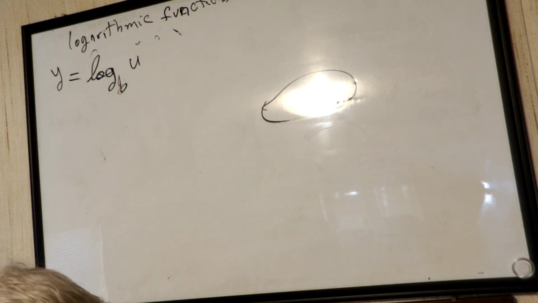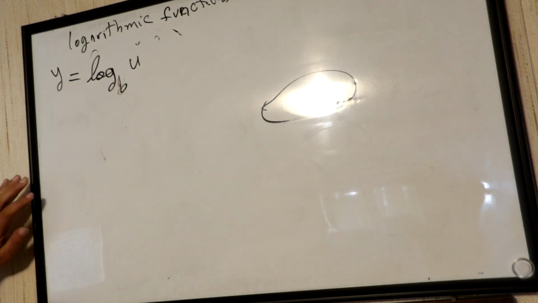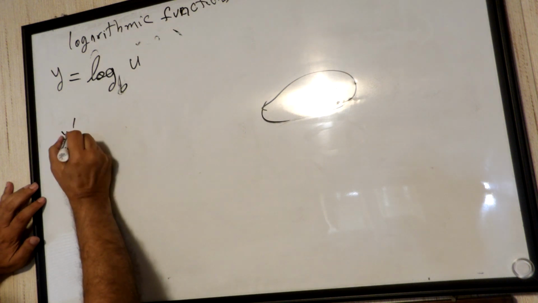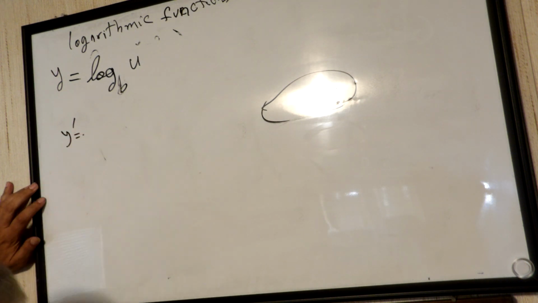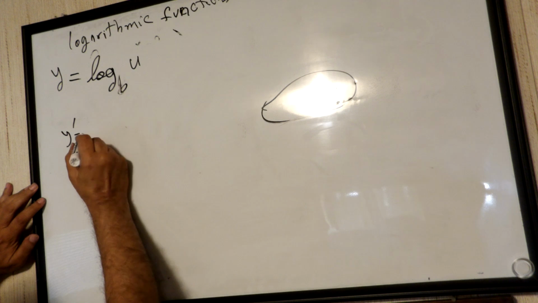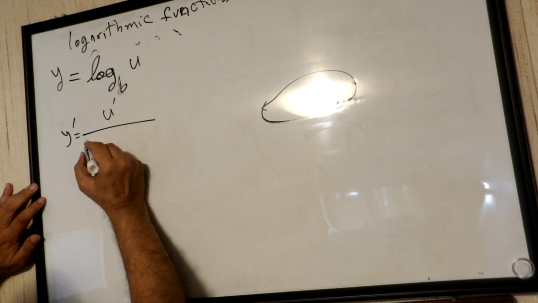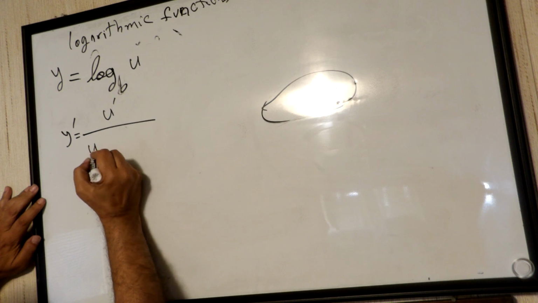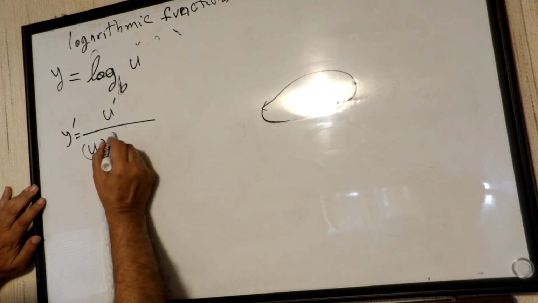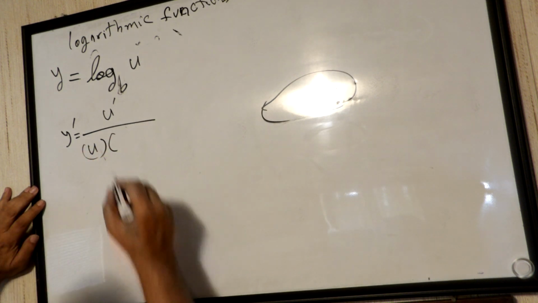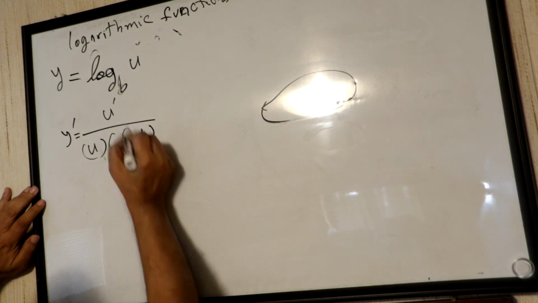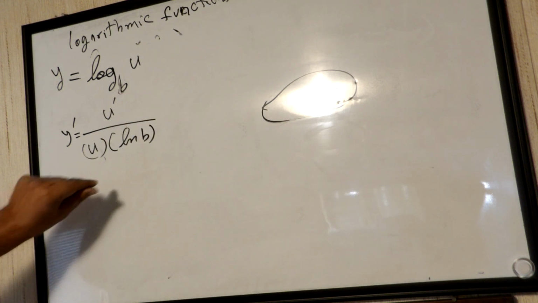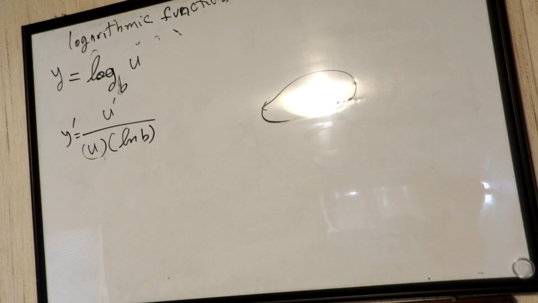What is the derivative of this? y prime is equal to u prime divided by u times ln of b, the base. You know what I mean? By example you will find out what I'm trying to say.